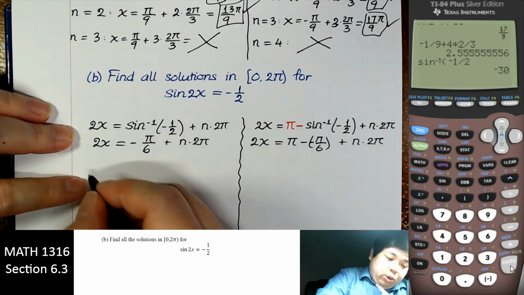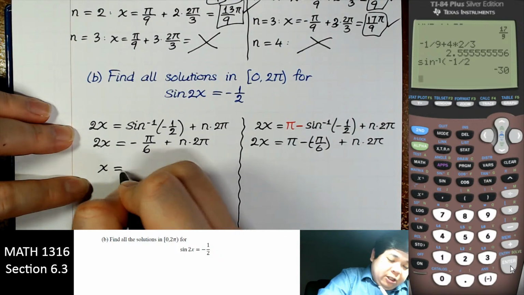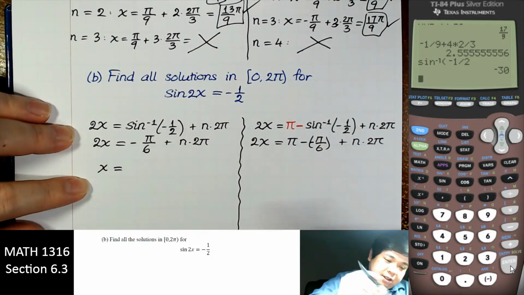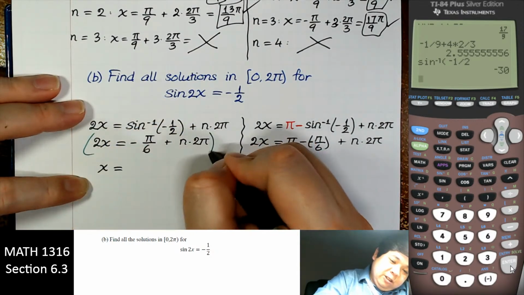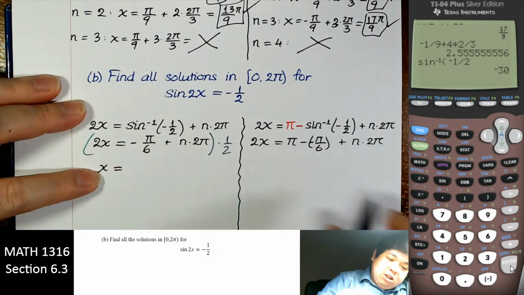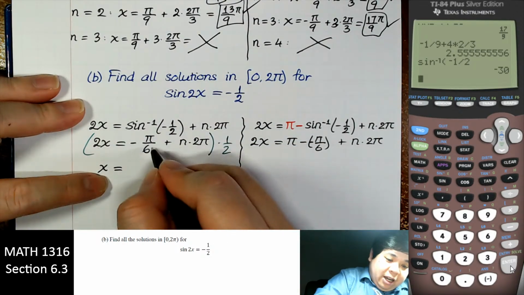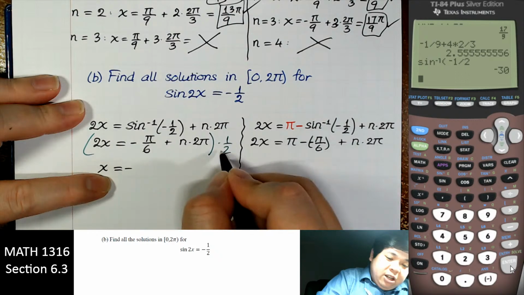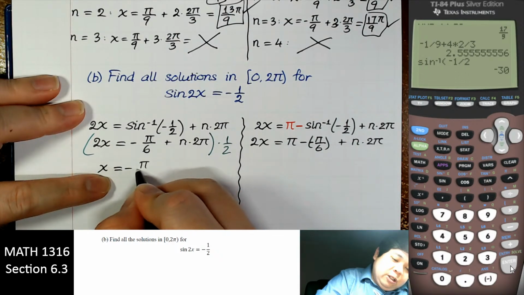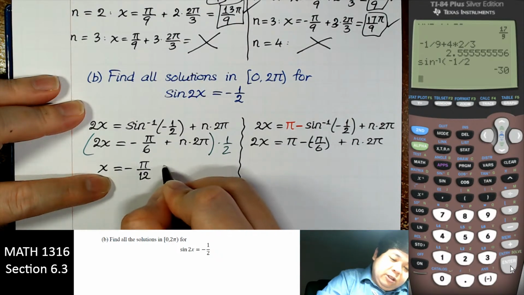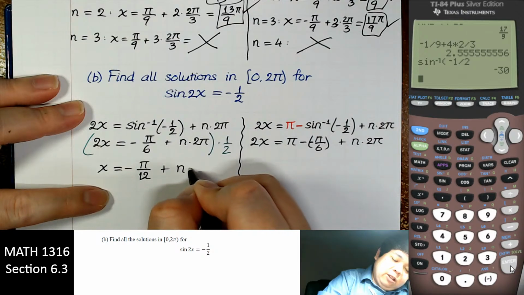Now we solve for x, so we divide by 2 or multiply by 1/2. That cancels out, giving us x. And -1/6 times 1/2 is -1/12. 2 and 2 cancel out.